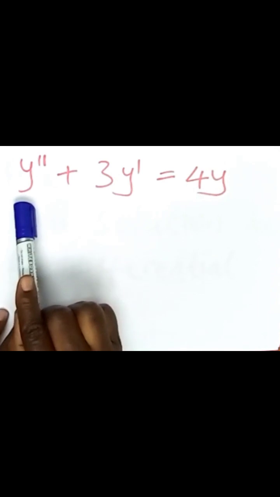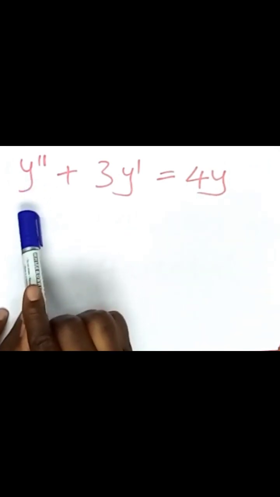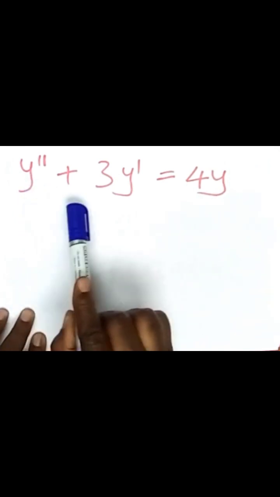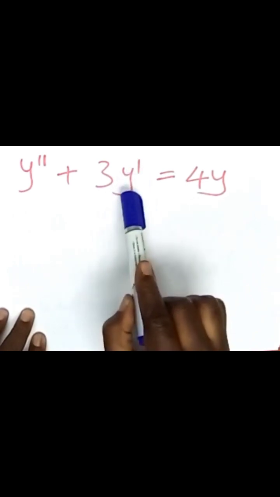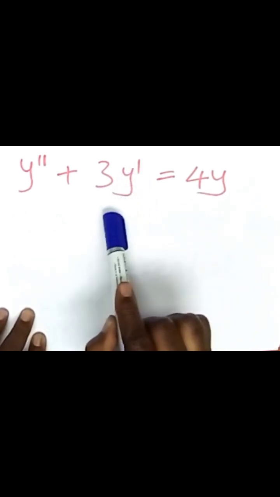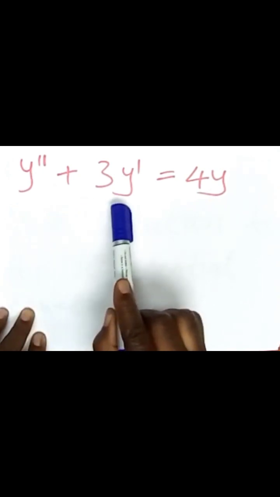And here we are being told that the second derivative of y with respect to x plus 3 times the first derivative of y with respect to x will give us 4y. So this equation contains derivatives and it has an equality sign. So that makes it a differential equation.